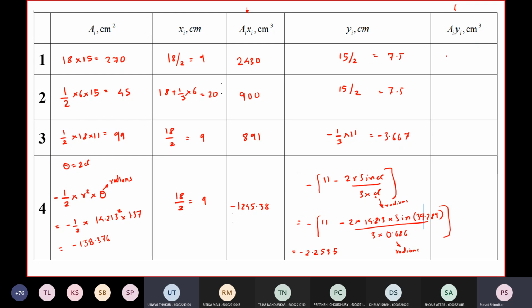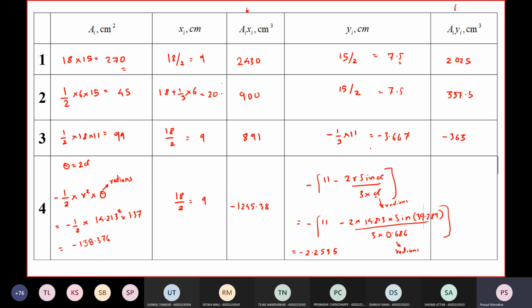And AiYi will be... First one, AiYi is 270 into 7.5, which is 2025. Correct. Then 337.5. Then 363.033. Correct, that is just a rounding error.